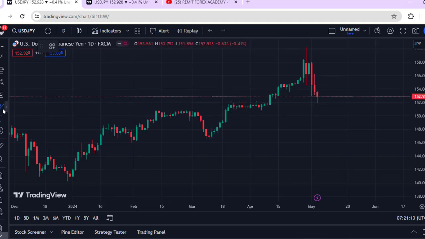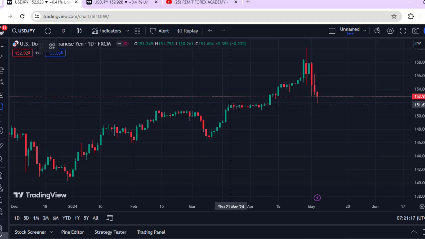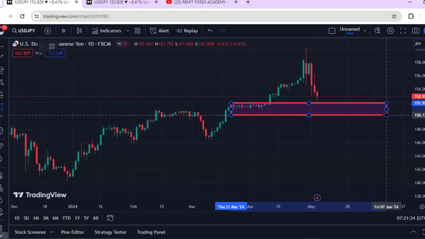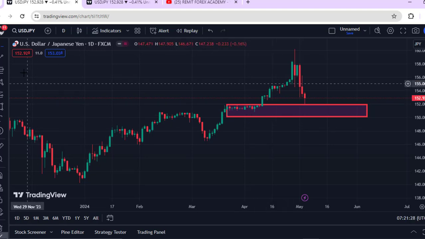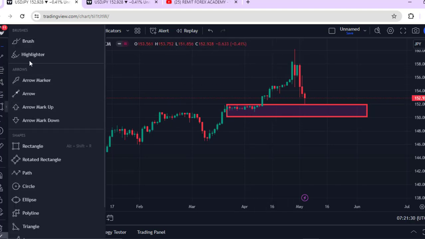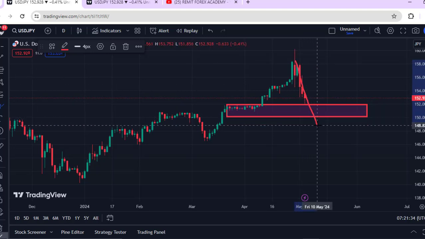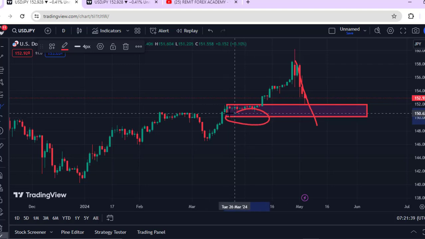Until we see the market break this very level of support right here, there is no market structure shift yet. Okay, so for us to say that the market is going to come back to the downside on the 1-day chart USD JPY, we need to see the market come back down from this very point and create a new low, lower than the previous low at this very area.